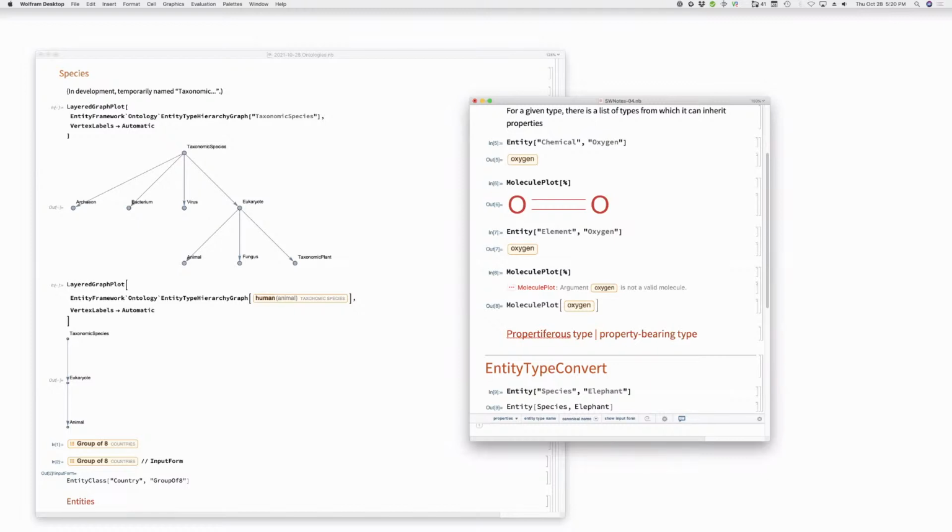It's presumably a more specialized elephant here, African or Indian or whatever. But in any case, the concept would be that entity type convert could attempt to convert this entity to type animal, for example. Right. For purposes of reframing it. Yes.